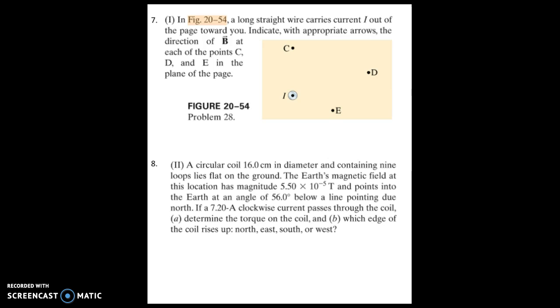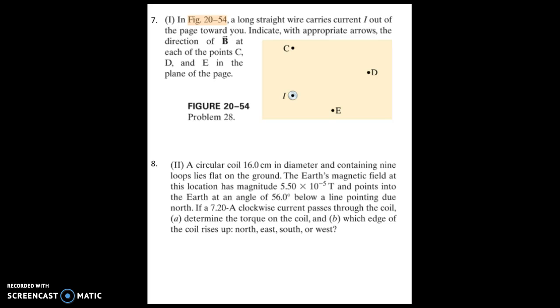So for this, I use the torque equation, which is torque equals mu times B times the sine of theta. For mu, that equation is I times A times N, the number of loops. For theta, I ended up using 34 degrees, because the line is 56 degrees below a line pointing due north, so I'm taking 90 minus 56 to get 34 degrees.